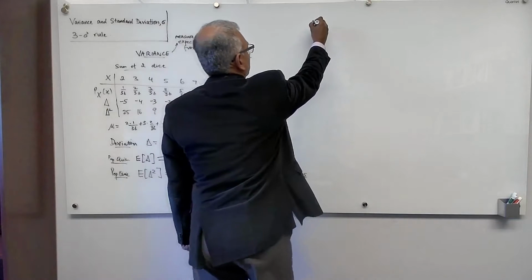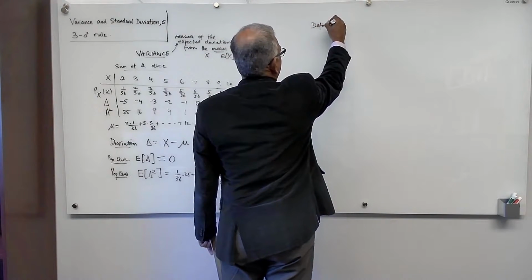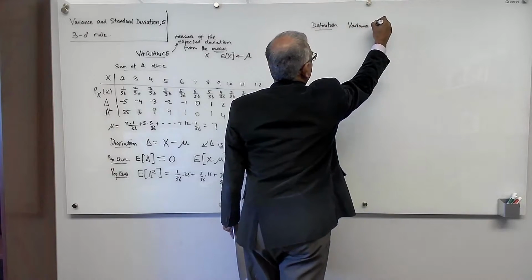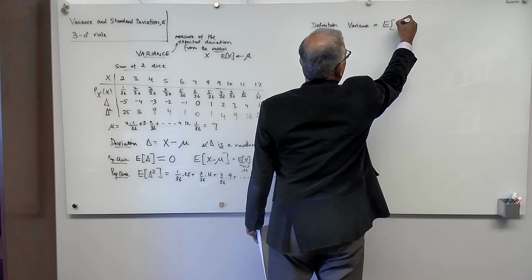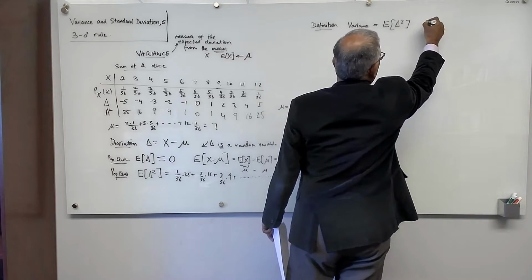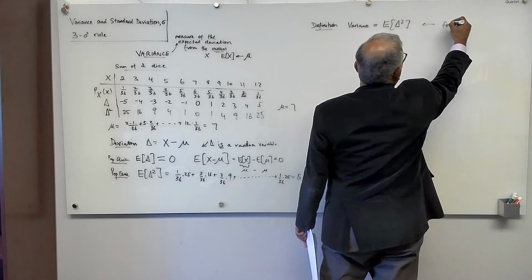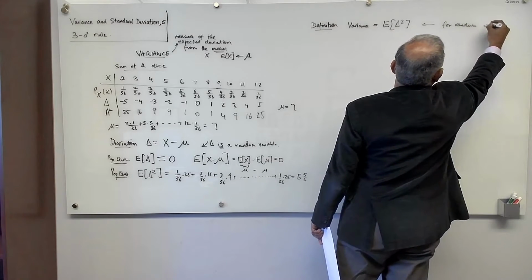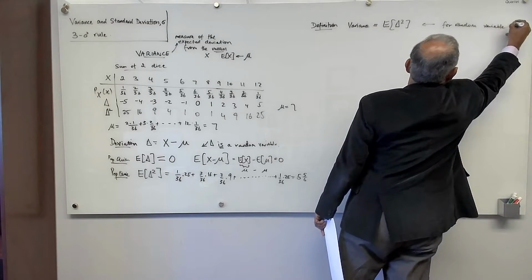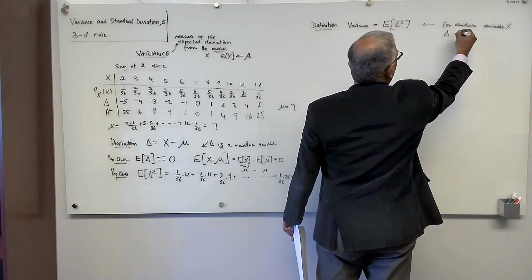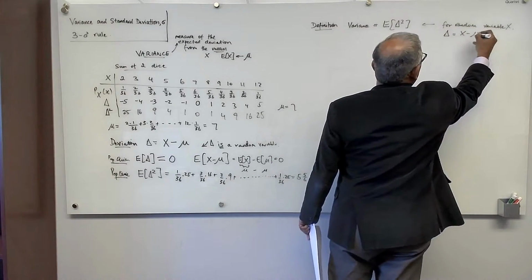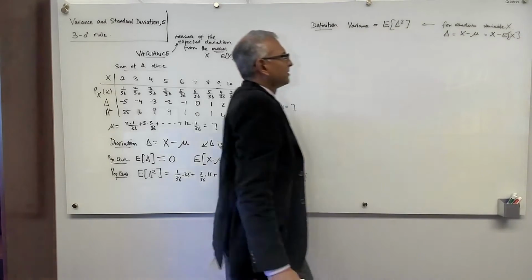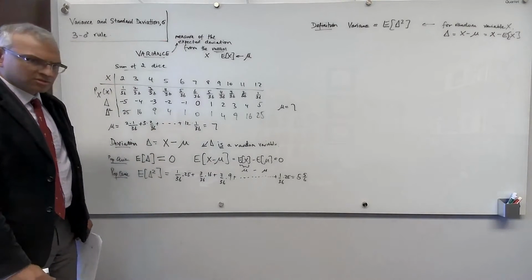So, definition: the variance is equal to the expected value of the deviations squared, for random variable x, and the deviation delta is equal to x minus its mean, which is x minus its expected value. That's the definition of the variance.